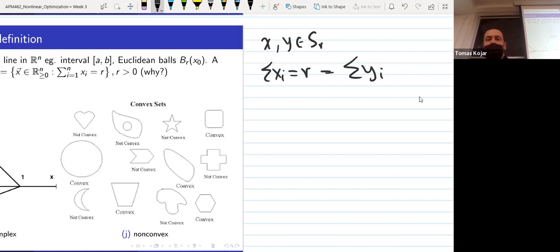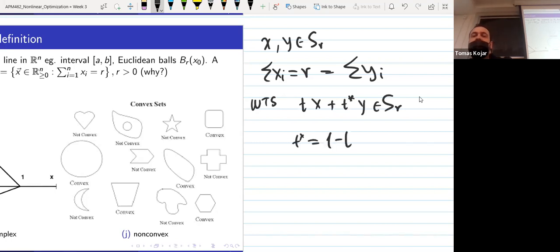I want to prove that if you give me their linear combination, tx plus t star y, where t star is 1 minus t, with t in [0, 1], that this is also in this simplex. Okay?